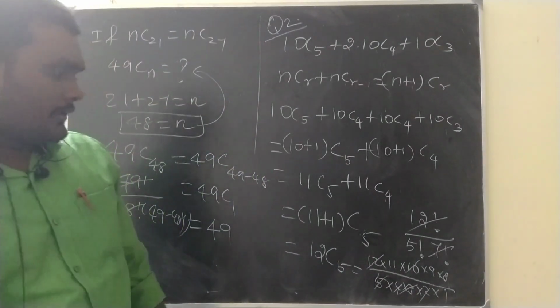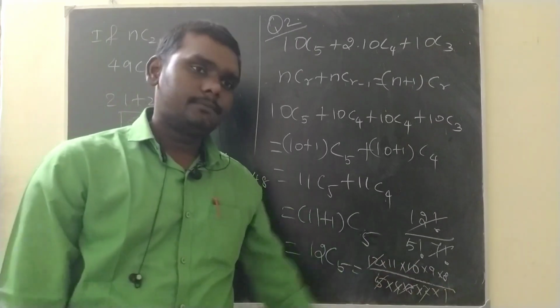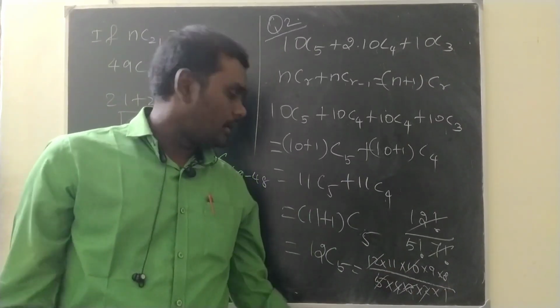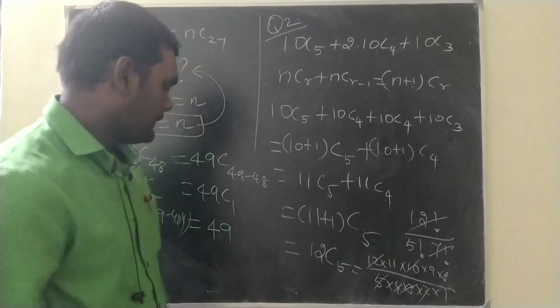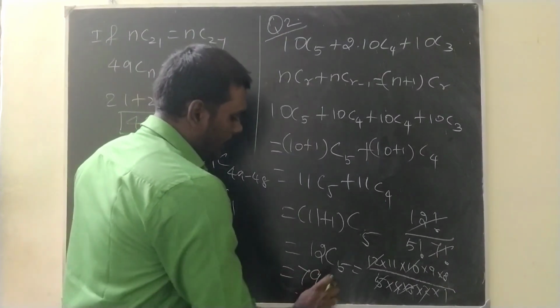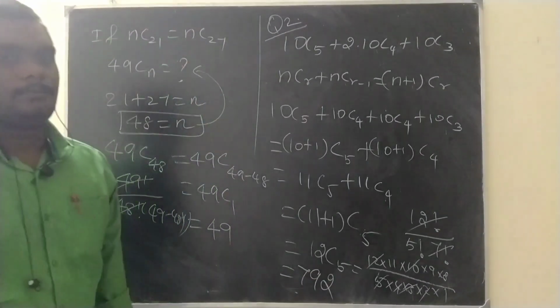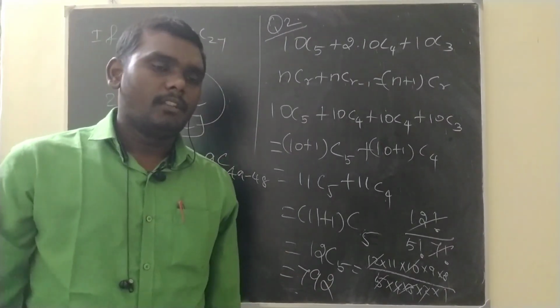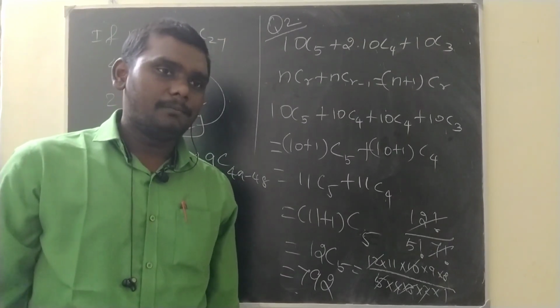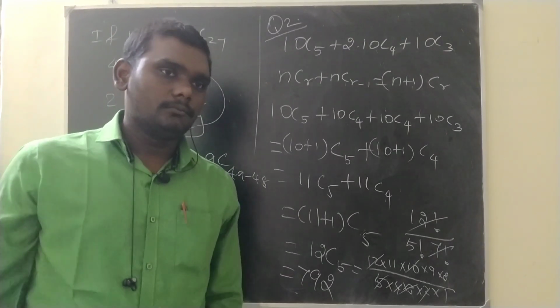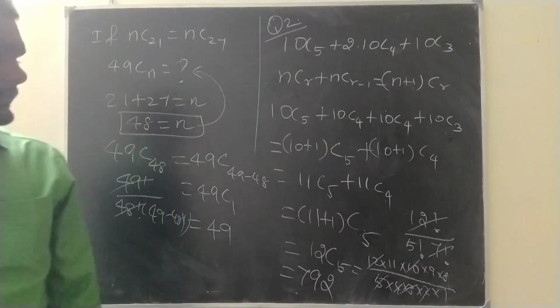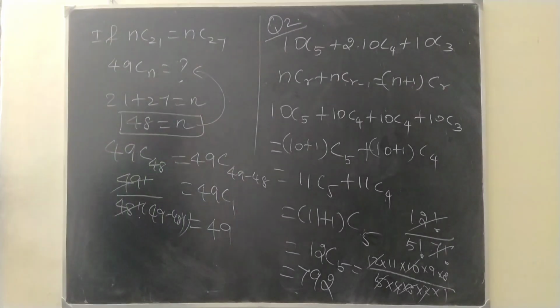Everything gets simplified. Then 9 8s are 72. 72 into 11. Answer is 792. That's all. Any doubts or clarification needed on this question? Shall I erase everything? Okay, good.